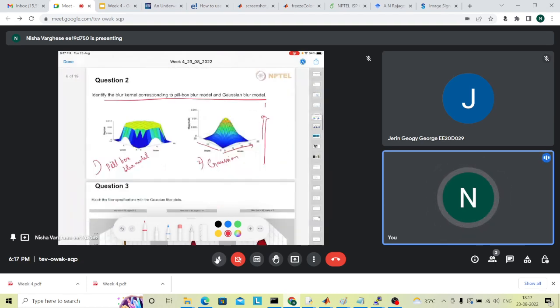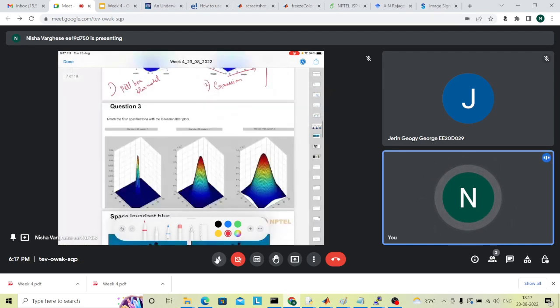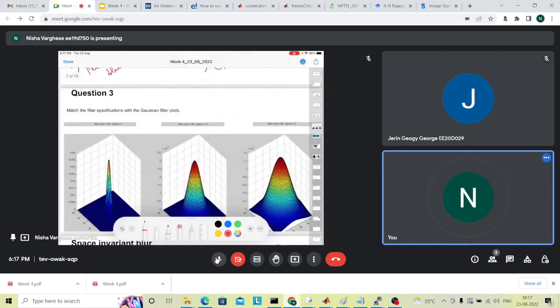And the next question, it also relates to Gaussian filter plots. Match the filter specification with the Gaussian filter plots. So here three specifications are given like this: A, B, and C. So we have to match every specification with the filter plot.